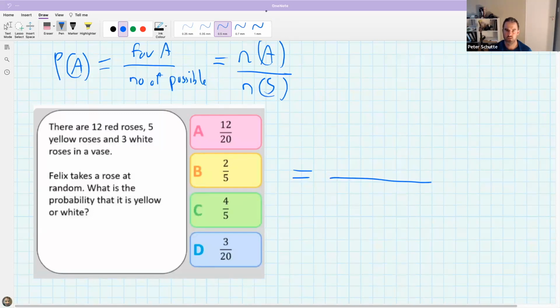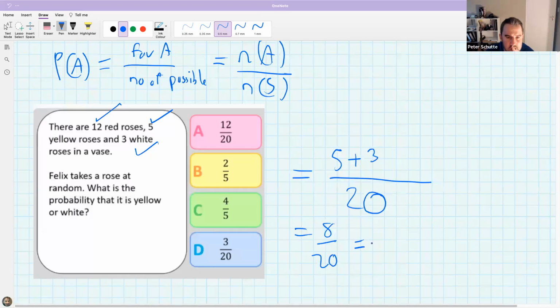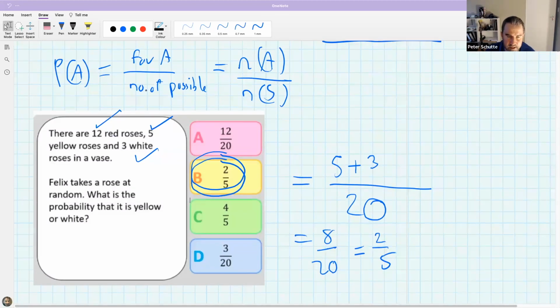Then put your answer in the chat. As I look at the chat, I see lots of people are saying B. I got 2 out of 5, which is B. Okay, so this is an example of us using the basic probability formula.